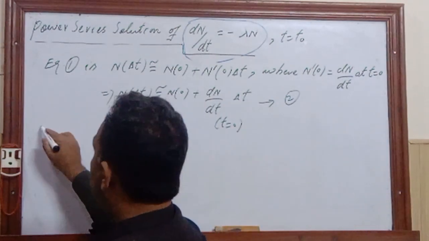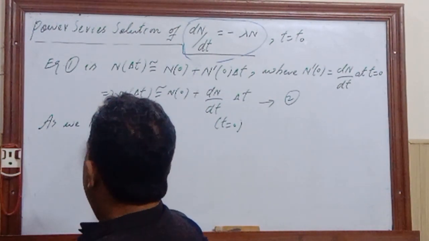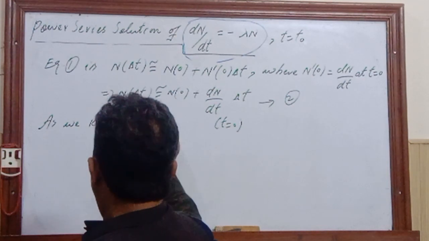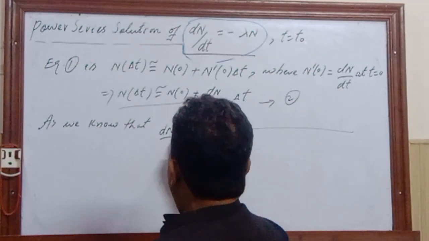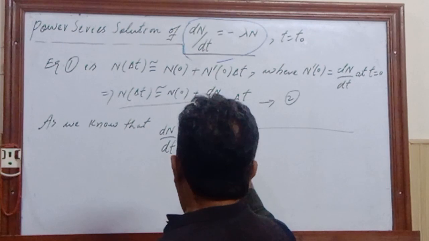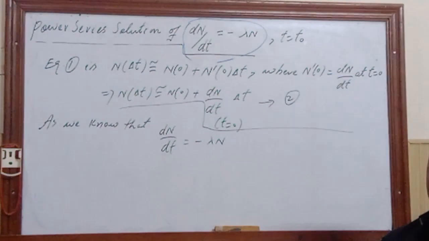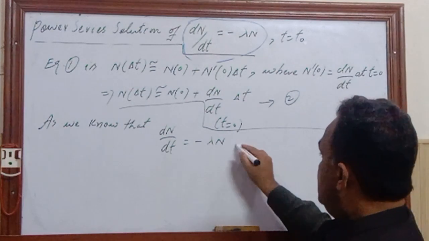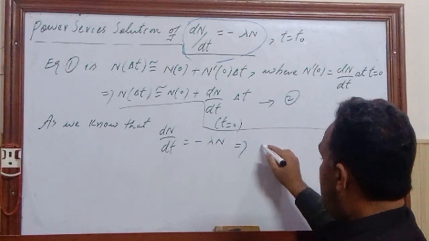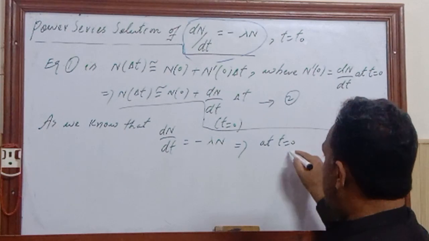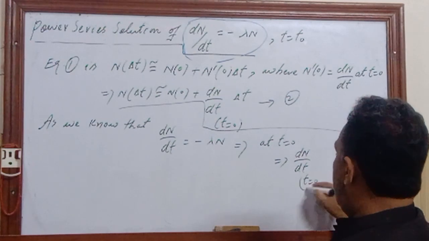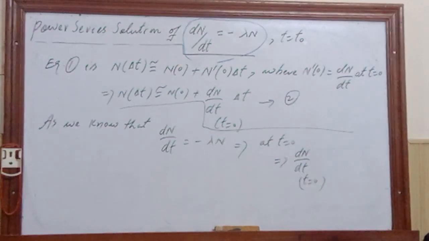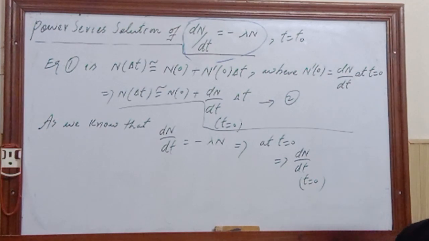Now, as we know that dn over dt is equal to minus lambda n. This is already known to us from the differential equation itself. So that means at t is equal to 0, dn over dt at t is equal to 0 means we will be getting the information of the left side and the right side of this differential equation at t is equal to 0.